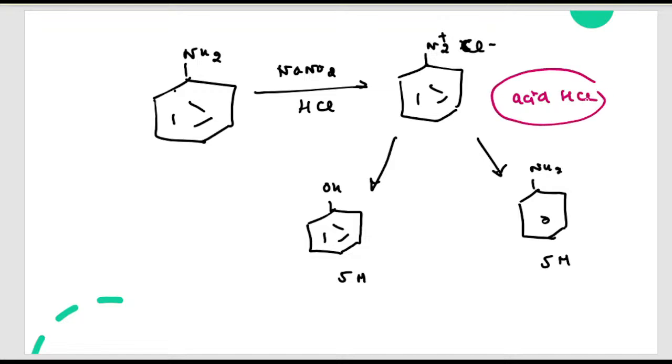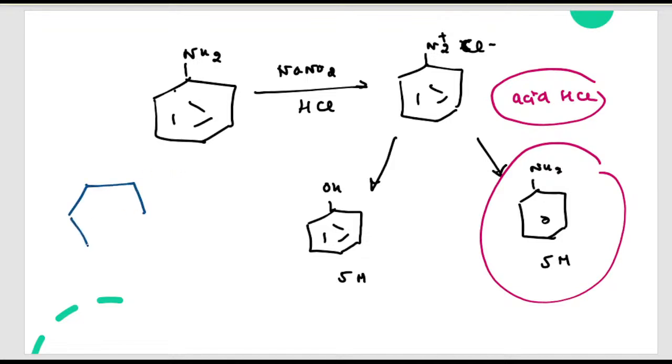If we are using acid, then automatically the benzene diazonium chloride picks up this, because it is the favorable product in acidic condition. So the final answer is that both are present and both can react with this. But the question is what is the major product. Major product in acidic condition is possible only with aniline.